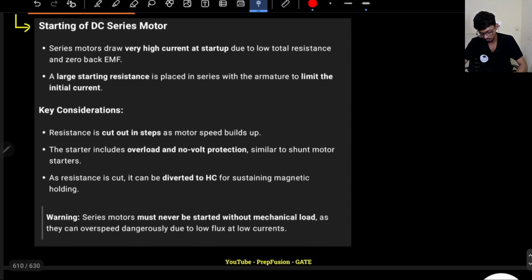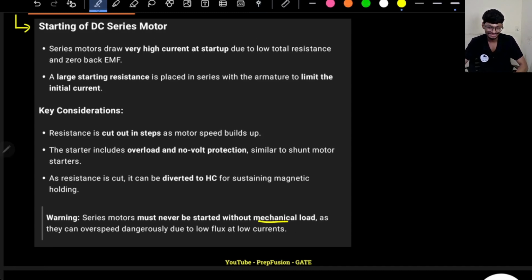And just one quick warning: you should never start your DC series motor without mechanical load. Initially, if there is no rotation and no load, IA will be very high, so the initial torque will be very high, because torque is proportional to IA square.